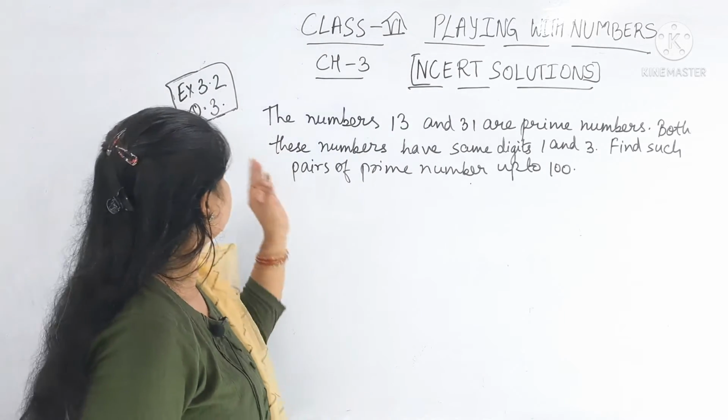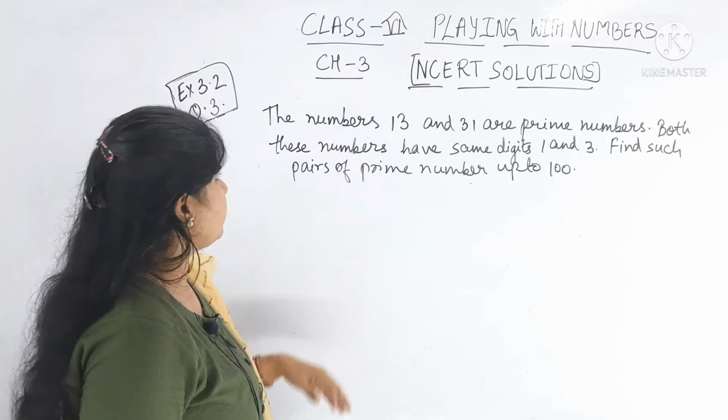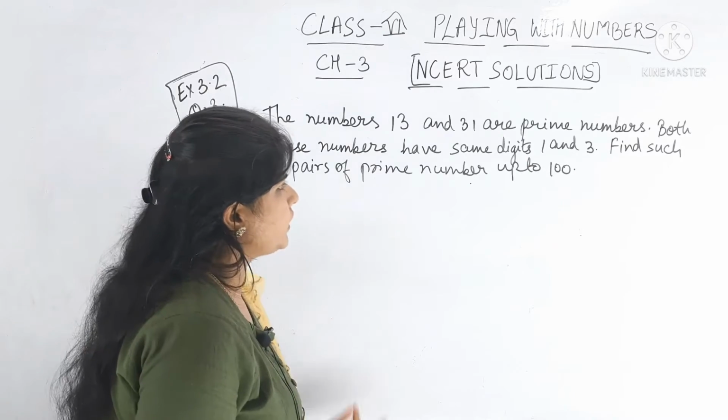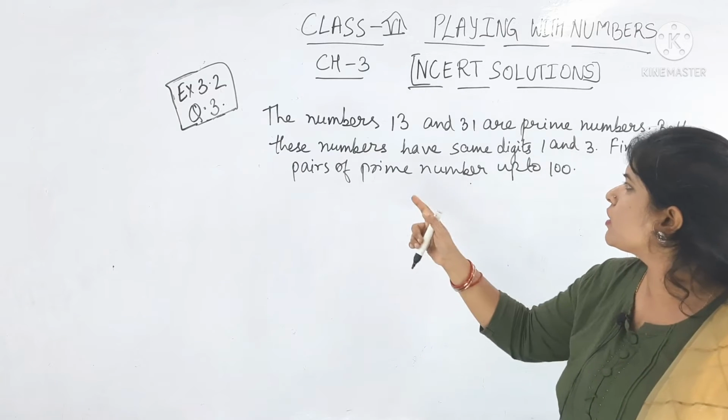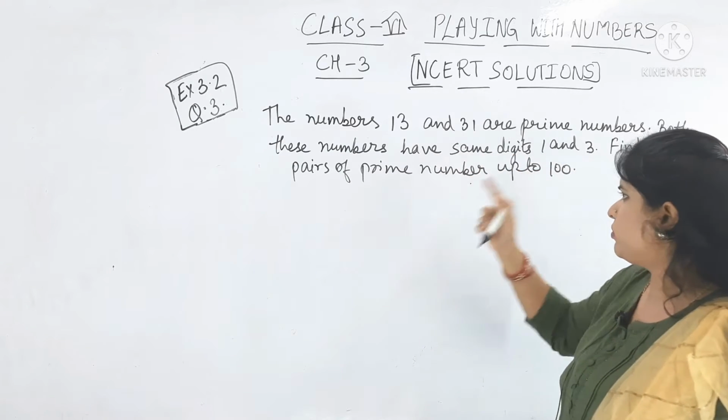Okay students, come to question number 3. Let's see what the question is. The numbers 13 and 31 are prime numbers, and we have the same digits, 1 and 3.